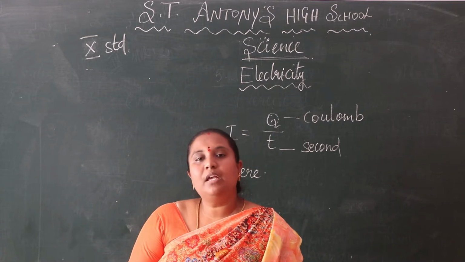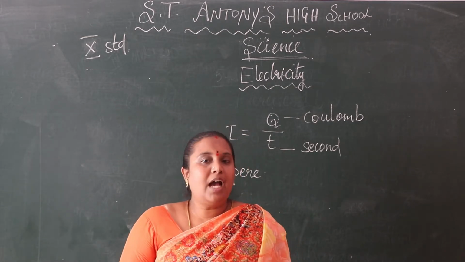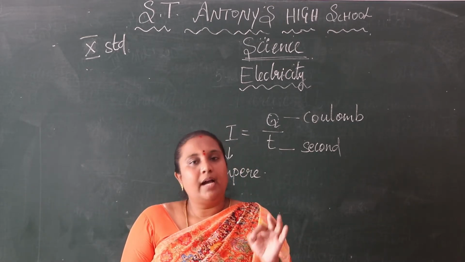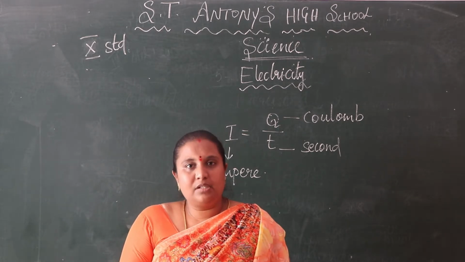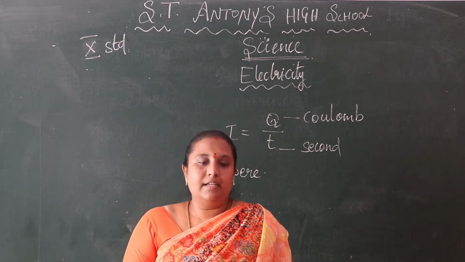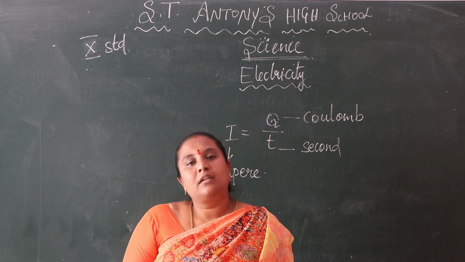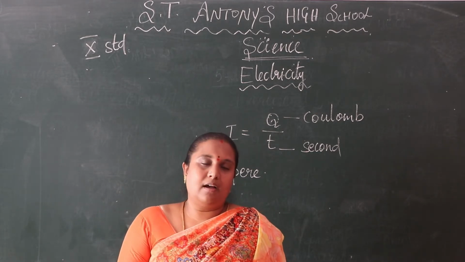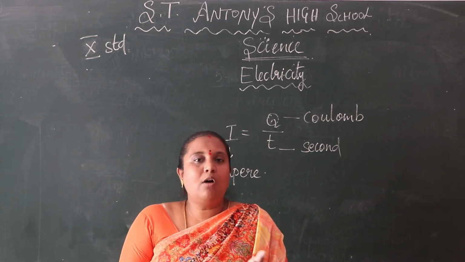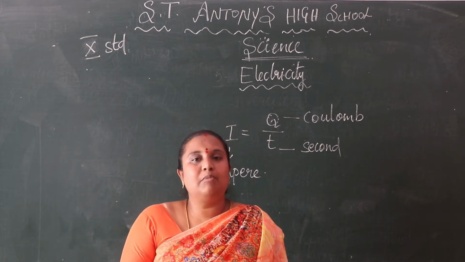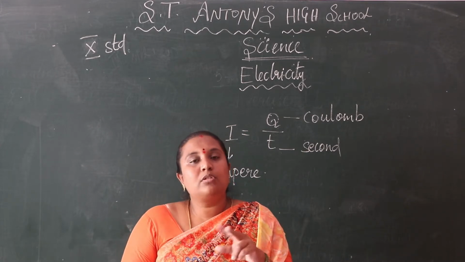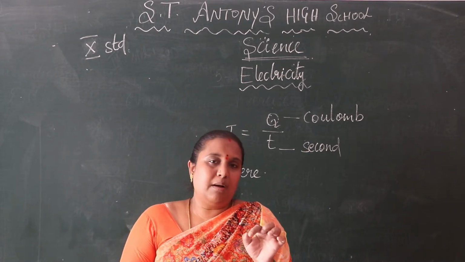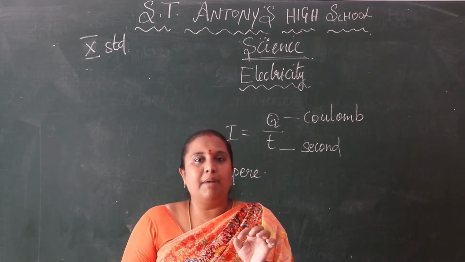We have symbols for electric bulbs, resistances, cells and batteries. How to represent a battery? Two or more cells combined we can call a battery.